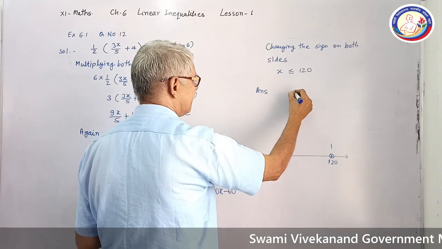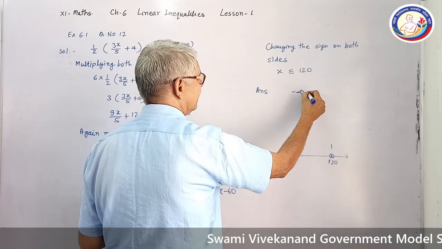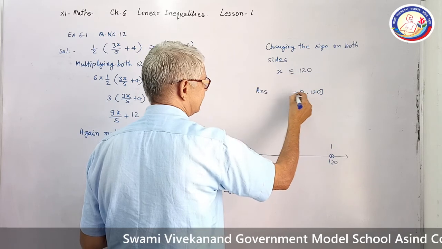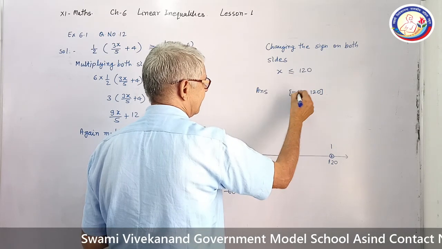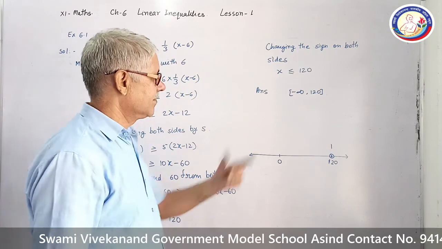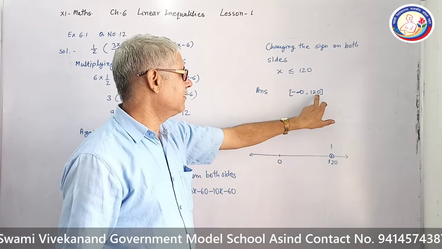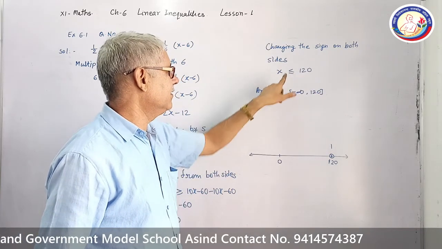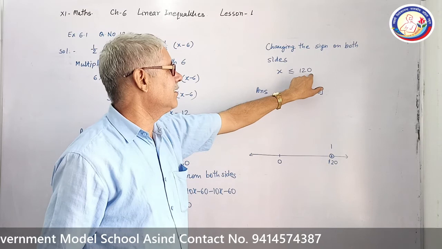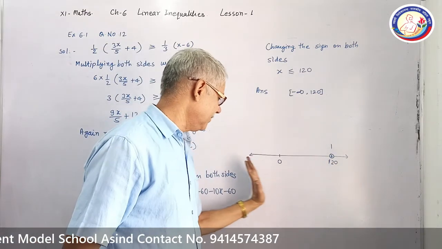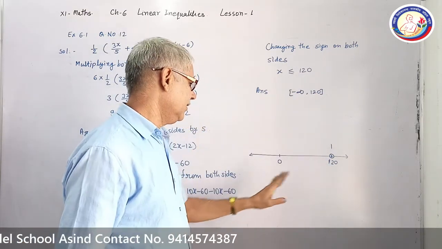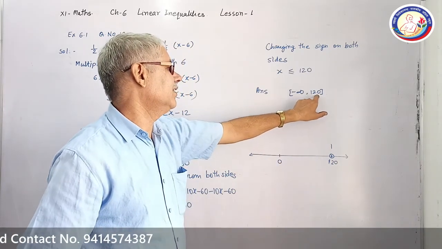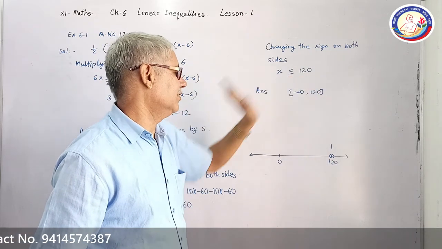The solution will be minus infinity to 120, including 120. 120 is a solution of this inequality. x is equal to 120 and then x is less than 120. So this less than part will be here before 120, all negative numbers. So in this interval of real numbers, this is the solution.